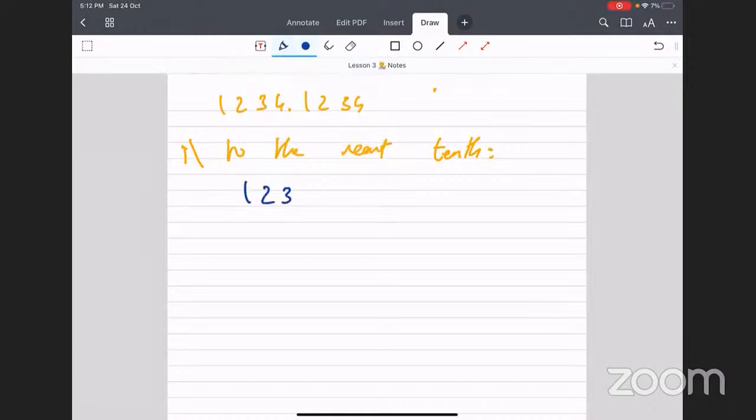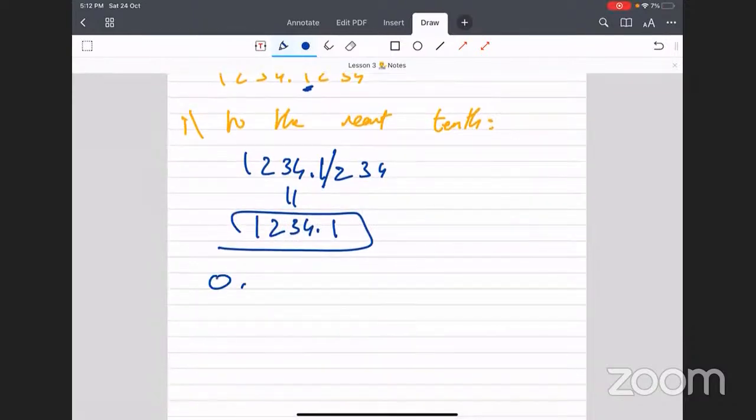So 1, 2, 3, 4 point to the nearest tenth is 0.1. Then I'll see 2, 3, 4. Is this greater than 5 or not? No, so it will be 1234.1.